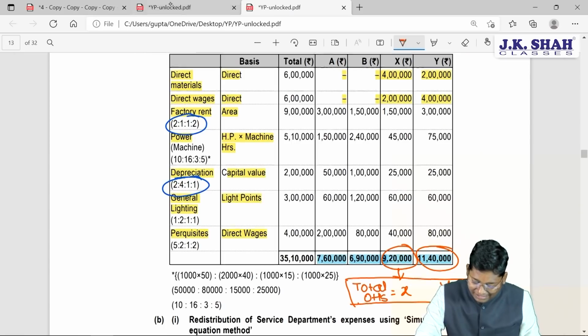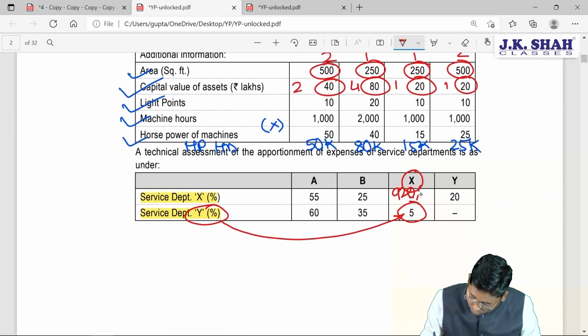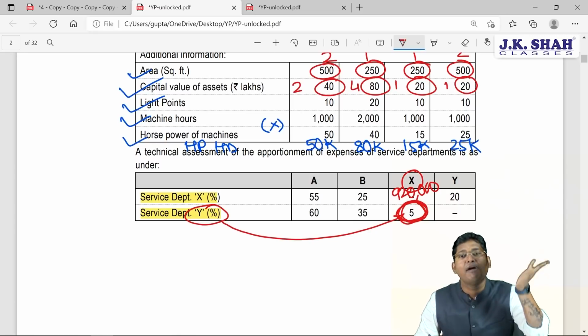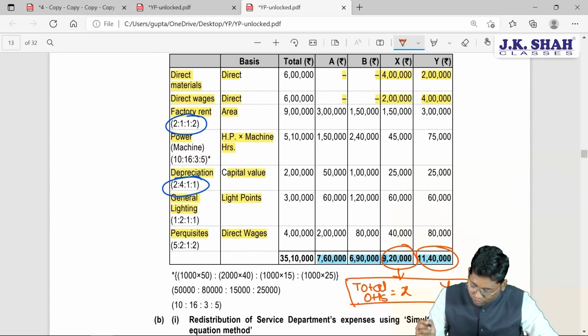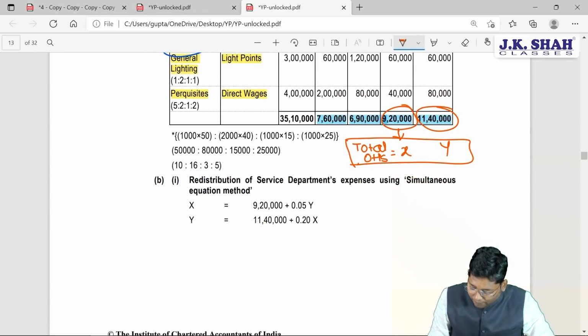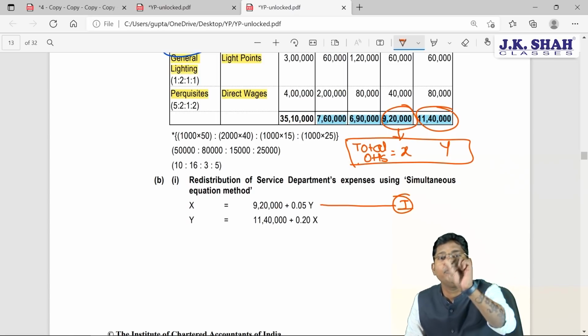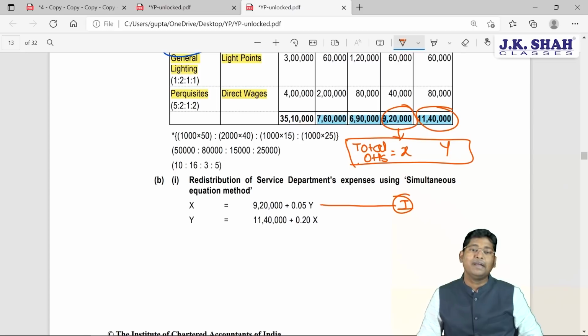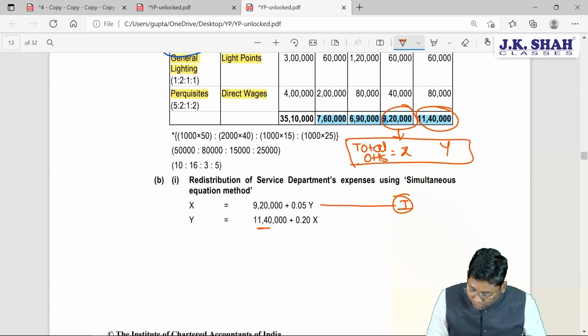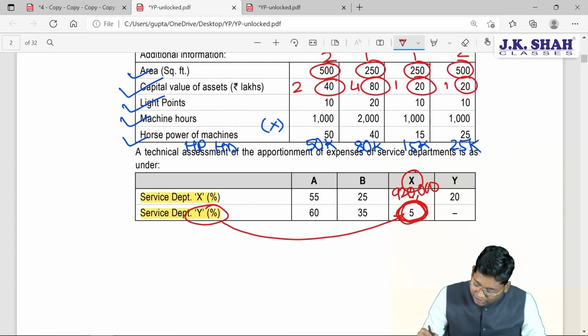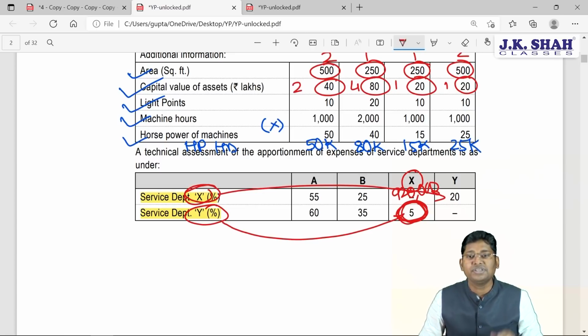First expense is 9,20,000, X department's own expenditure, plus 5% of Y which it is going to take. That's why you can frame the equation. X's total overhead will be rupees 9,20,000 plus 5% of Y department. Same is applicable for Y. Your Y department is going to bear 11,40,000 own burden, and in addition to this, X is going to put 20% in the Y column.